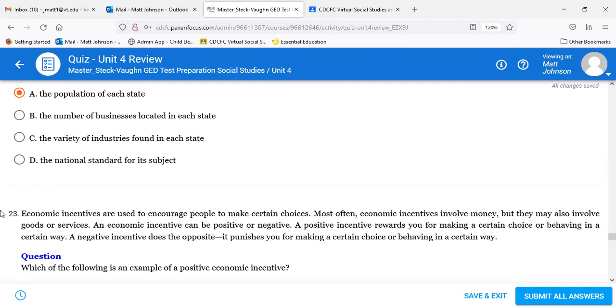I want you to think about this real quick. What was a recent positive incentive in Ohio concerning COVID? It's something about getting the shot. Yeah.